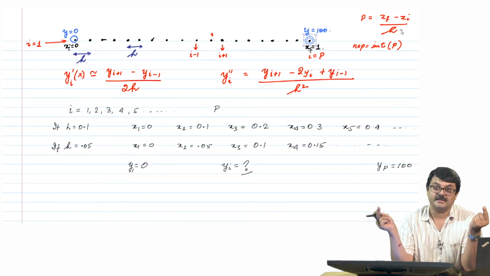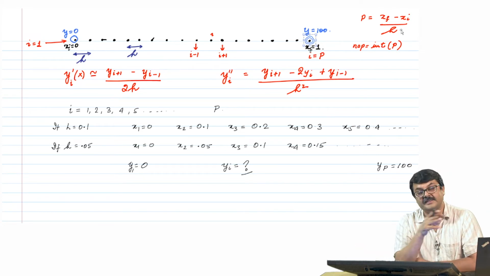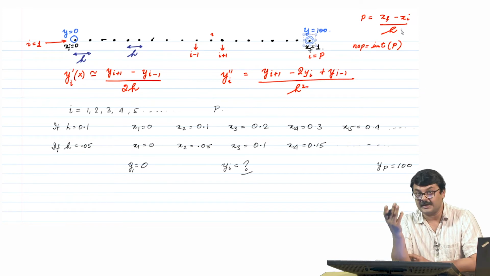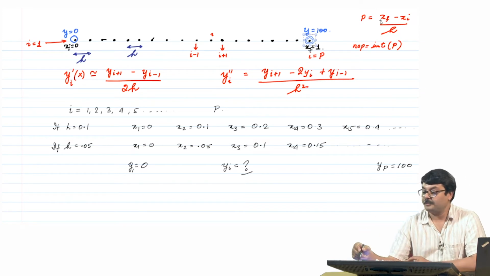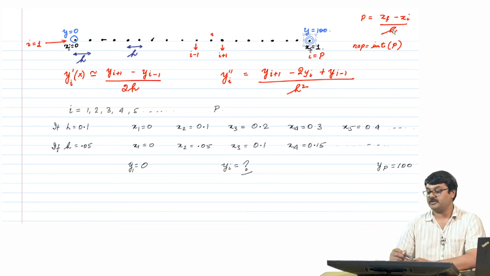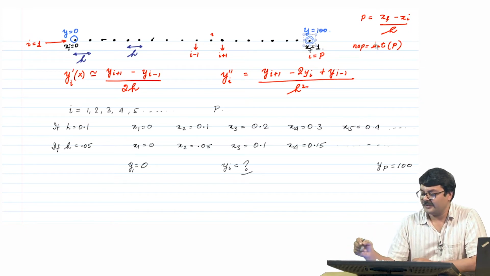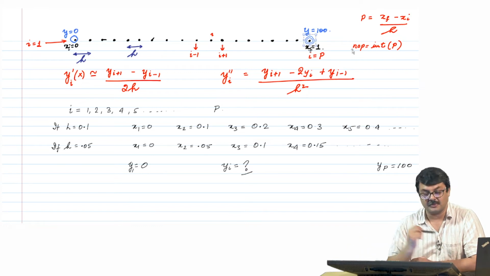You can choose h equal to 0.05. In that case, you shall divide this entire interval into 20 points. So, p equal to xf minus xi, xf for final, xi for initial, divided by h being 0.05, and then you will get p equal to 20, and you can take the integer and then you get the number of points.